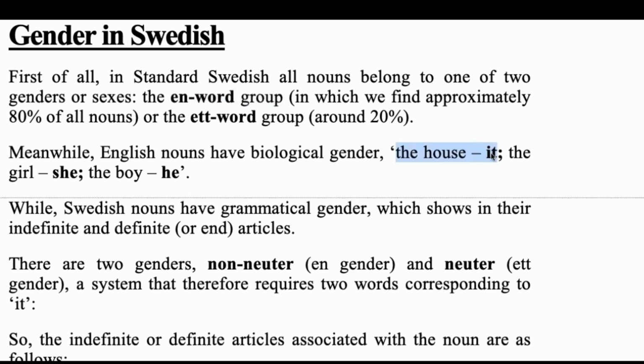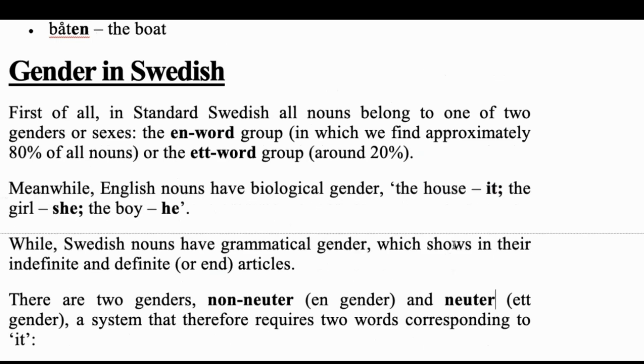But in Swedish you have only two grammatical genders, neuter and non-neuter. There is no masculine and feminine. Either you place en gender or ett gender. En gender is the non-neuter gender, and ett gender is the neuter gender. Either your noun is en or ett.